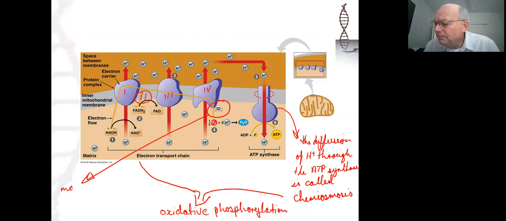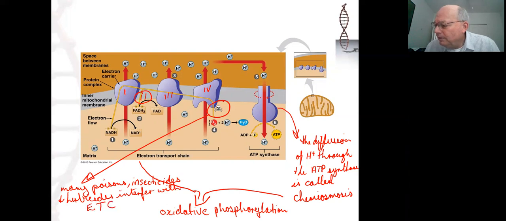Many poisons, insecticides, and herbicides interfere with the electron transport chain, or ETC to give it its abbreviation.